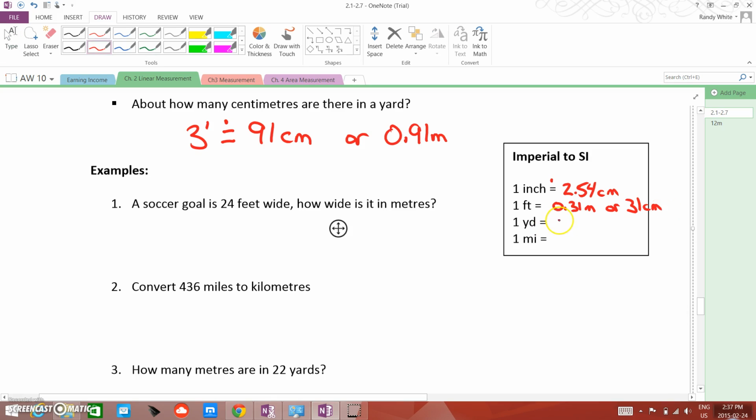A yard is 0.91 meters or 91 centimeters. And a mile is 1.61 kilometers. Okay, so if we use that information, going from imperial to metric, we're going to have to multiply.